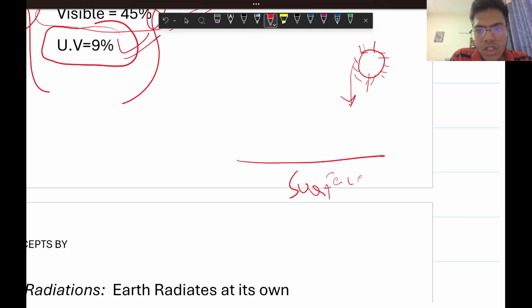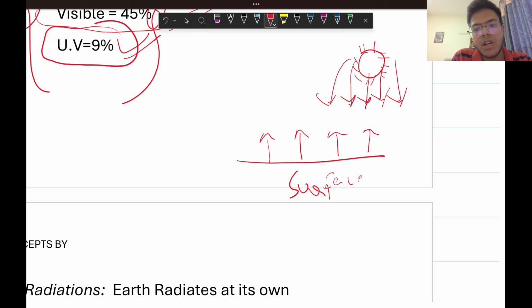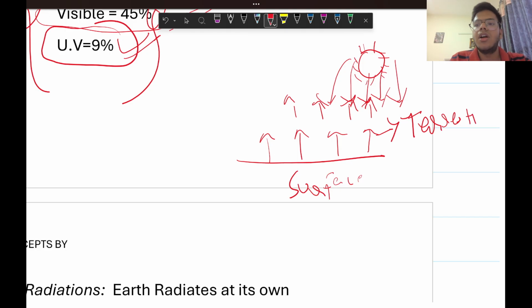So these solar radiations are coming. Now guys, what happens is, when the solar radiations meet the surface, they get reflected back to space or back to the atmosphere. So guys, these radiations are known as terrestrial radiations.